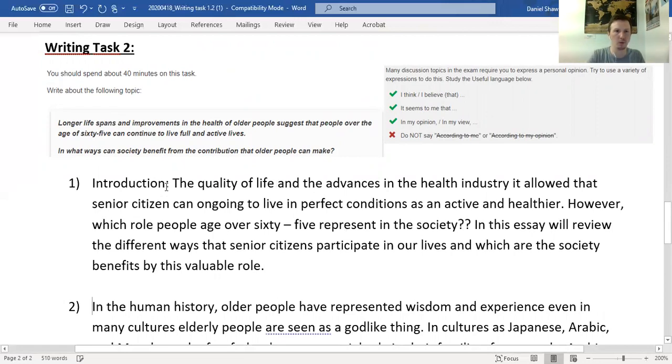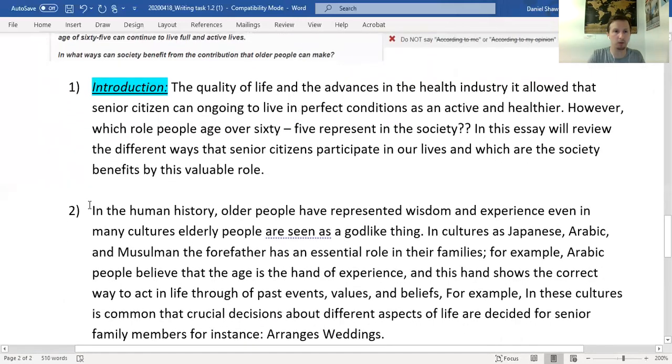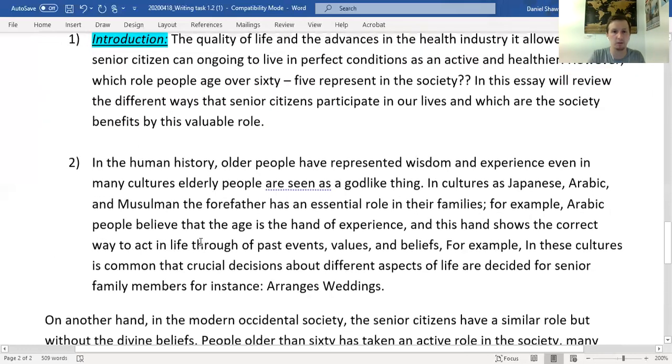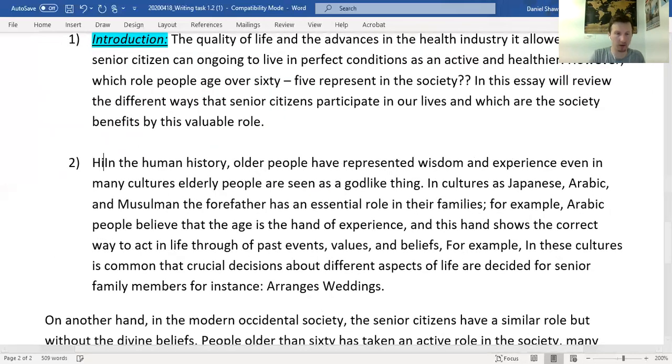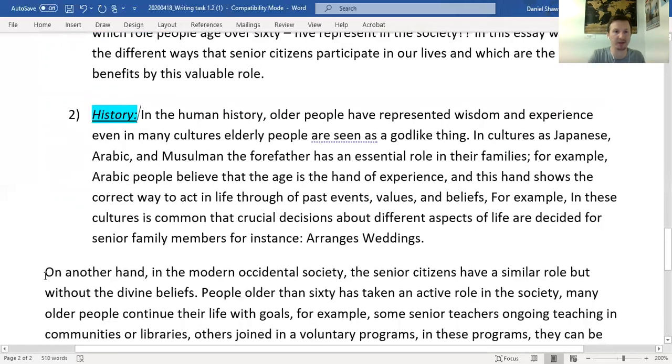So here we have an introduction in blue. And the second thing here, this is looking at human history, and this is looking at modern society. So we have a little bit of a contrast, which is good. We're looking at old beliefs and new beliefs. So history, that's one side of it.